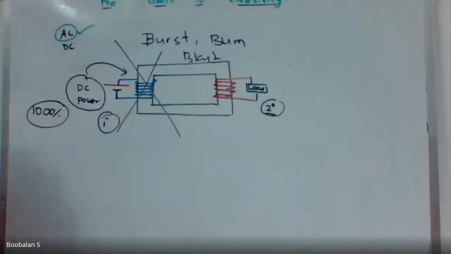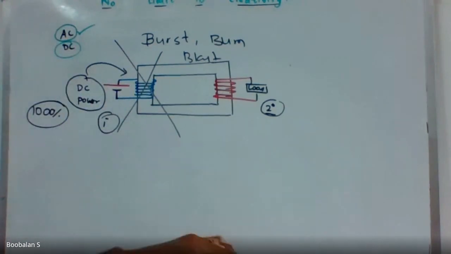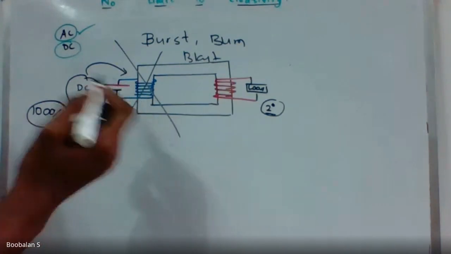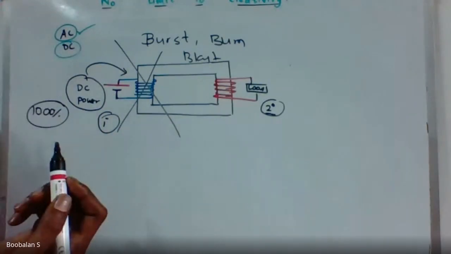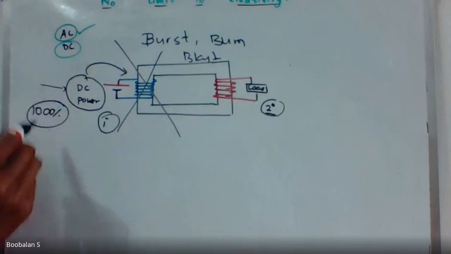Temperature changes and heating increases. We are going with the AC first and then coming to DC. We'll go like this. When we give an AC power supply, it does not blast or burn, but while applying a DC power, it is likely to burst or blast. If we understand AC, DC is easy.